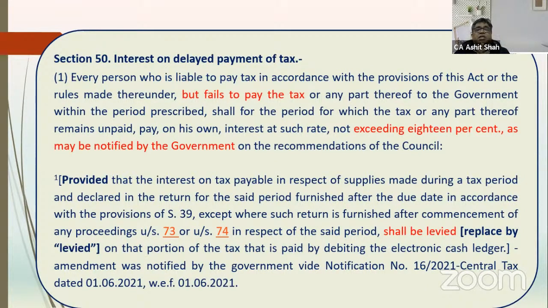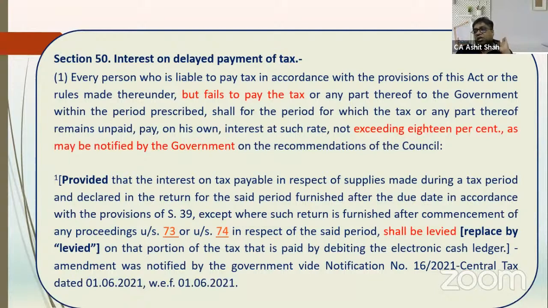Section 50 deals with interest on delayed payment of tax, and it says that if any taxable person fails to pay the tax, then that person shall be liable to pay interest on the unpaid amount on his own, not exceeding 24%, or as may be notified by the government on the recommendation of the council. So a highest cap has been prescribed, and interest is payable only when the taxpayer fails to discharge the tax liability.